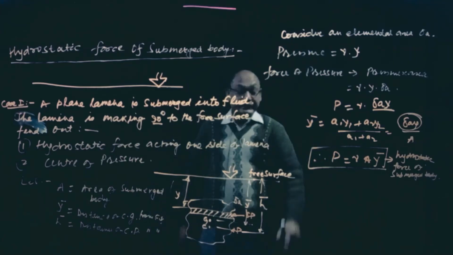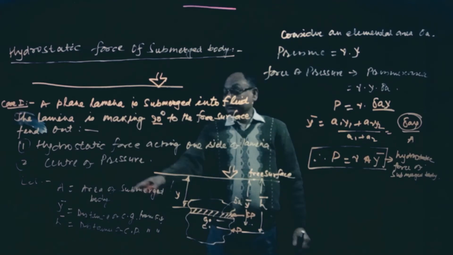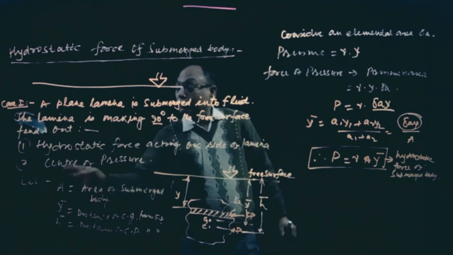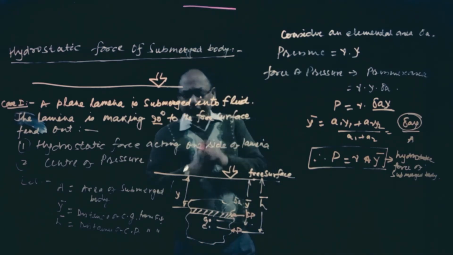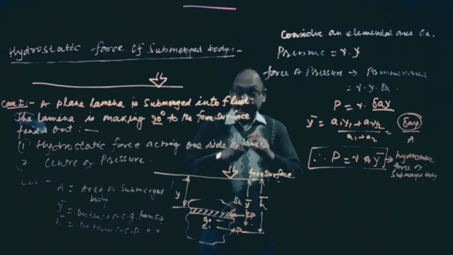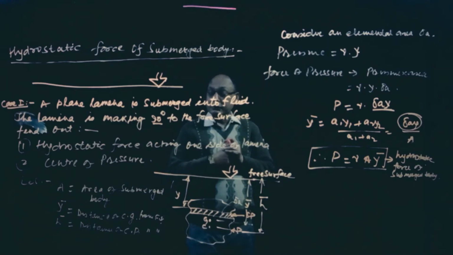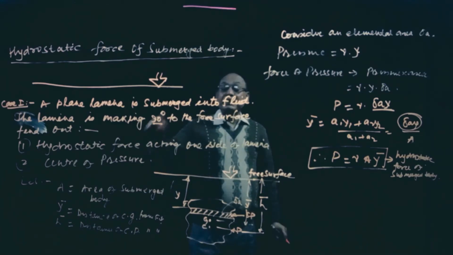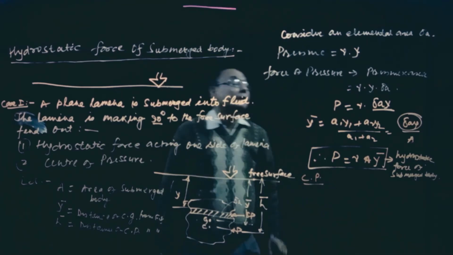Okay, so P is equal to A Y bar gamma. Now we have to find out the location of center of pressure. So center of pressure is, when the body is submerged into liquid, a point on the surface where resultant hydrostatic force acts, that is called center of pressure. Okay, so center of pressure equation we are going to find out.